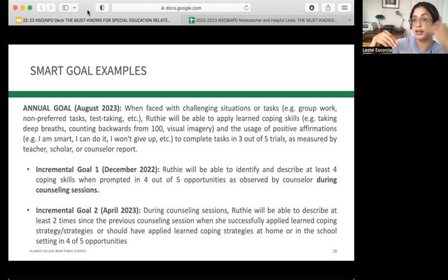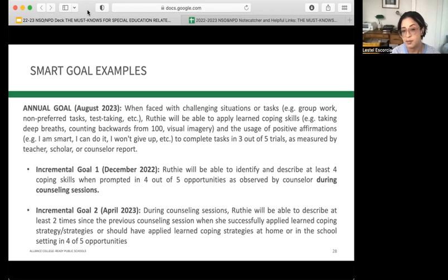So 4 months from August 2022 will be December 2022. And then 4 months from December 2022 is April 2023. And then 4 months from April 2023 is August 2023. So there's 4 months in between each goal until we get to the annual goal.